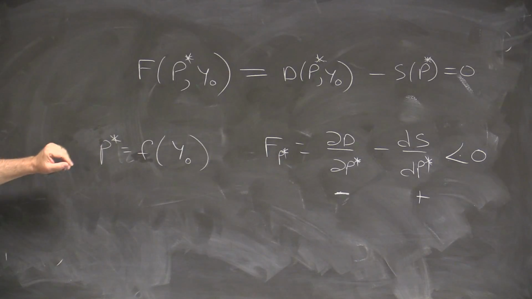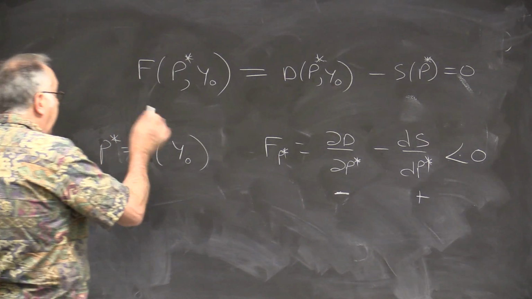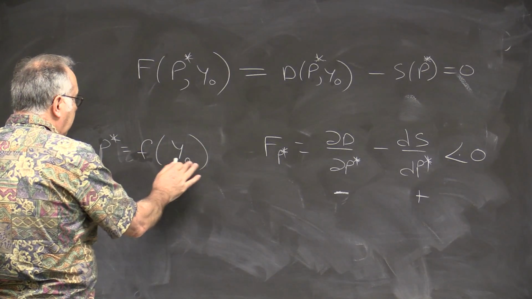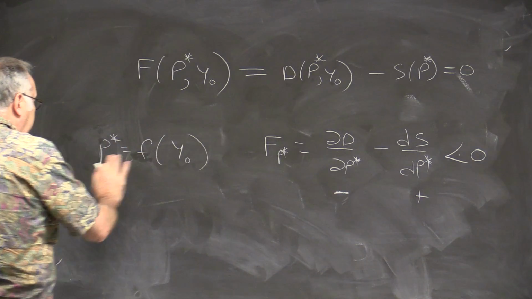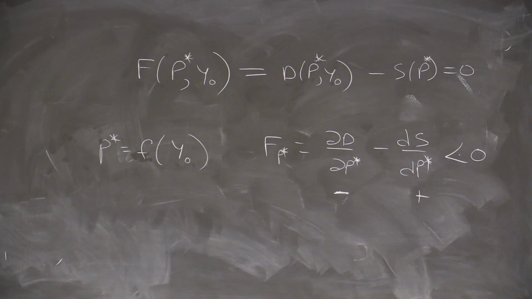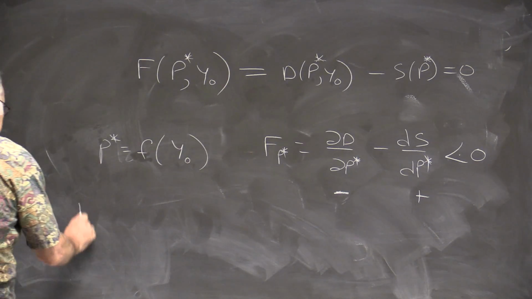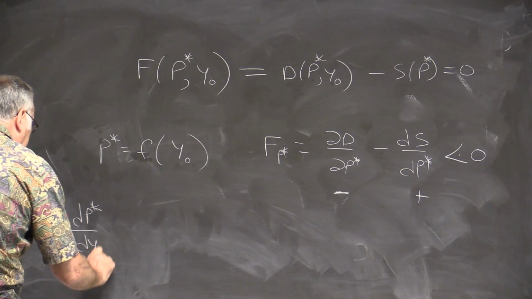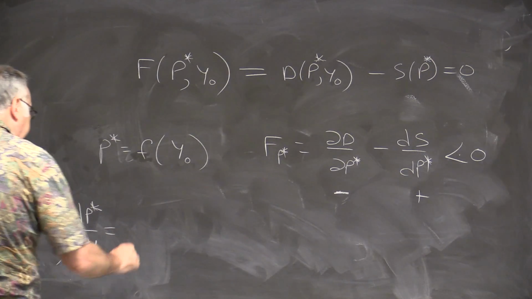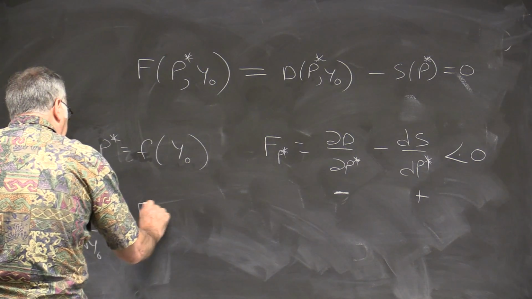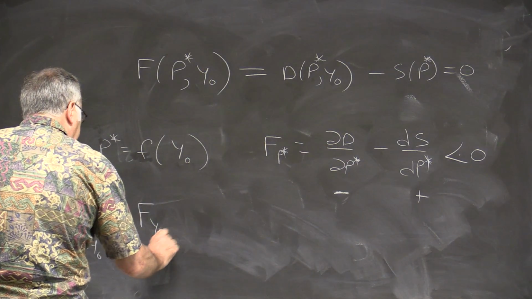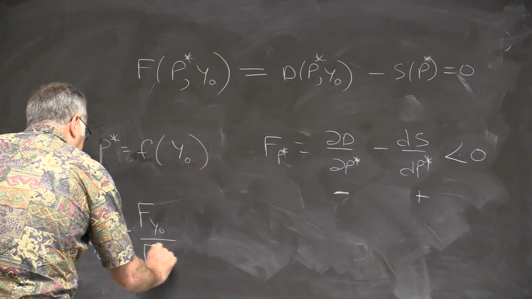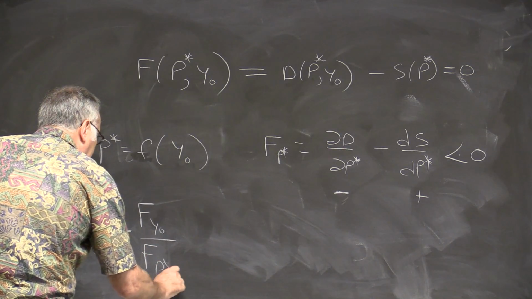We can find a neighborhood around y sub 0 in which P is a function of y sub 0. And by the implicit function theorem, dP star dy0 is just this. It's minus f sub y sub 0 over f sub P star.